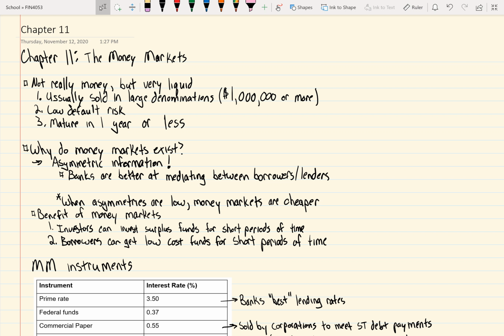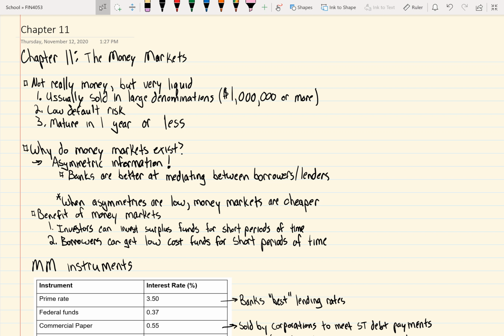So why do money markets exist? The biggest reason is regulation and asymmetric information, which of course we've talked about now for a couple of weeks. Essentially, banks are typically better at mediating between borrowers and lenders when there's a lot of asymmetric information. Like if you're going to buy a house, the person or the company who made the house maybe doesn't trust you to pay them back over 30 years.